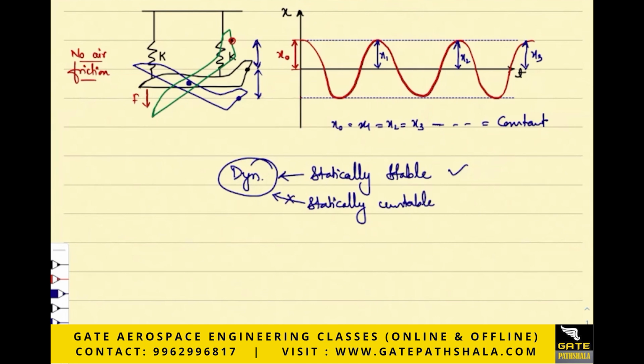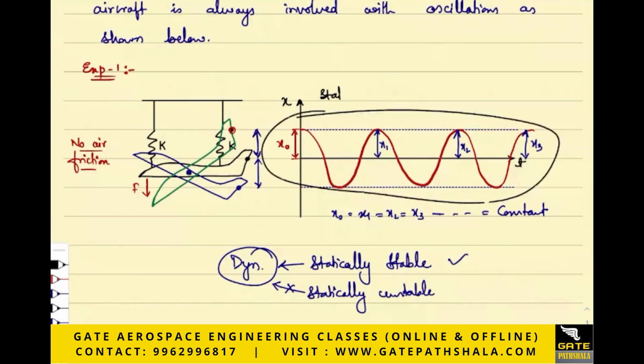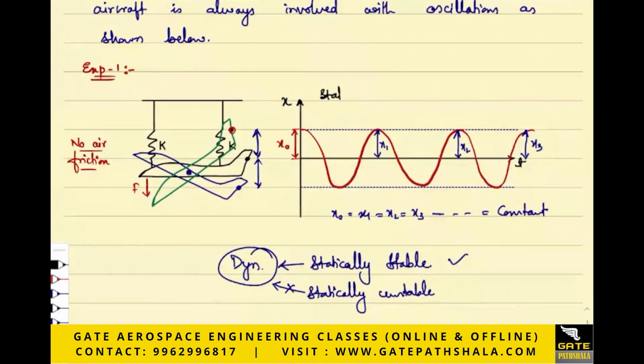Can I go on? Yes. So if any system is executing this kind of motion, I can say it is statically stable. You see, every time it is trying to move towards the horizontal line. That is the equilibrium. In every cycle it is trying to do that.